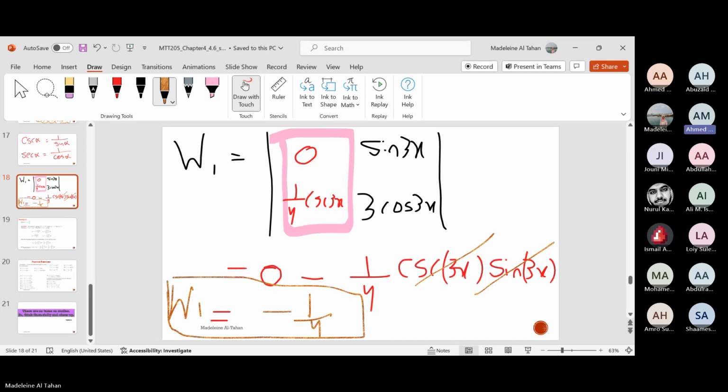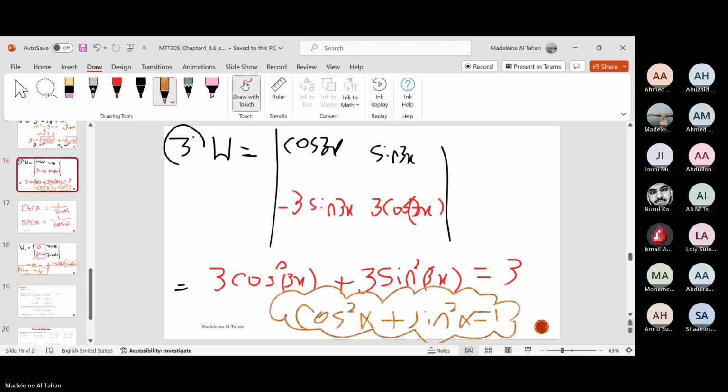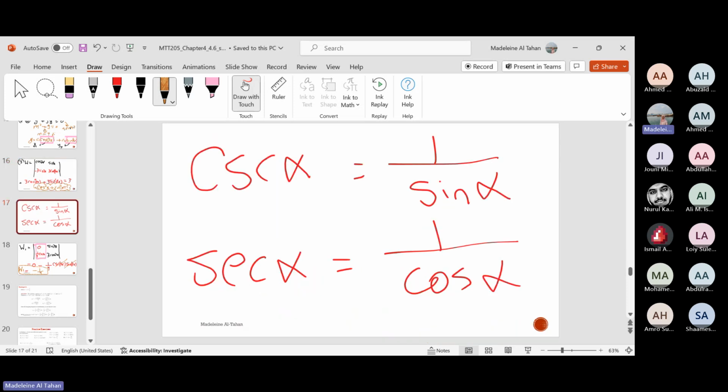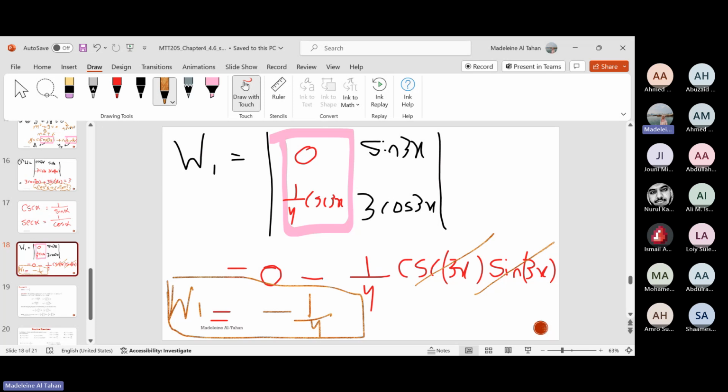Can you go back to slide number 16? Okay, thank you. So cosecant is 1 over sine. We can write it in this way. We found W1. Please, miss, find W2 now.